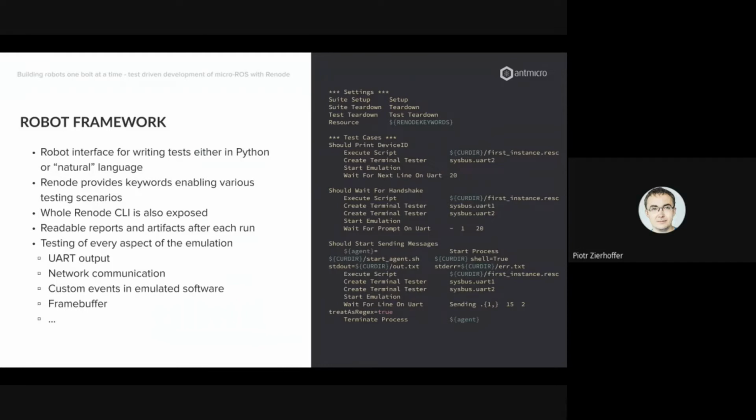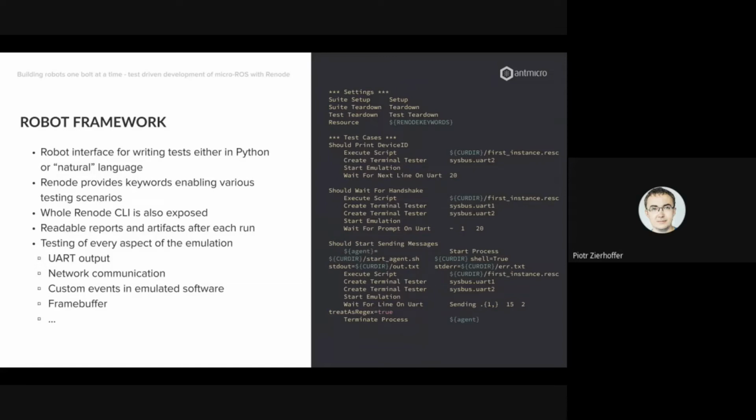For testing, we use Robot Framework. Robot Framework is a Python-based framework that exposes some kind of natural language, more or less English. It allows you to use specific keywords that we define and exposes the whole CLI that we have and all the capabilities and more. It allows you to, for example, wait for a thing to happen on UART. It can wait for something to happen on your network, for example, a packet with specific content.